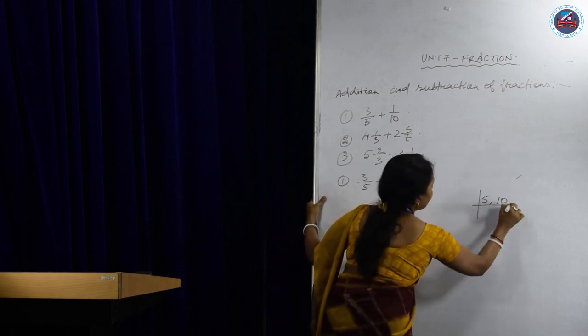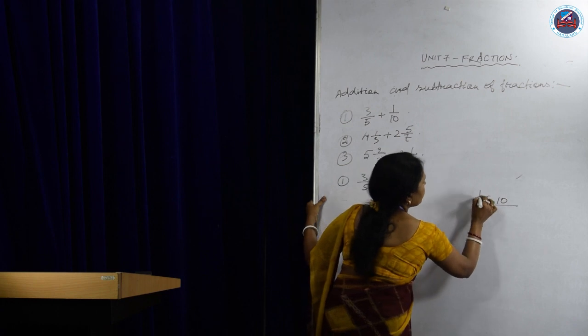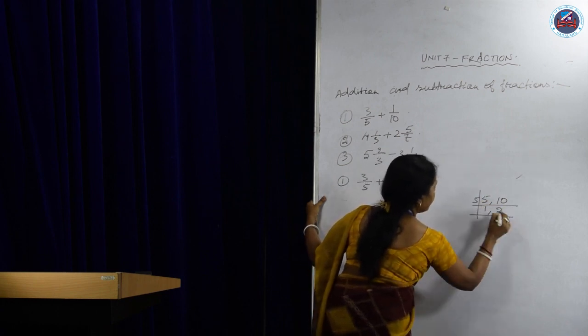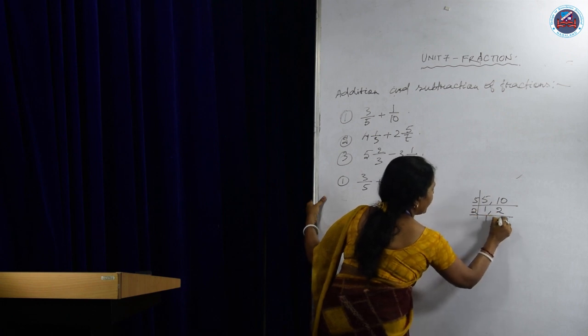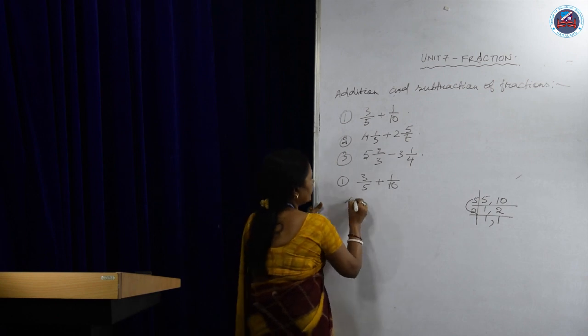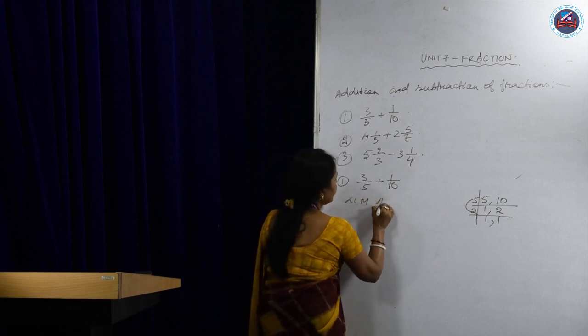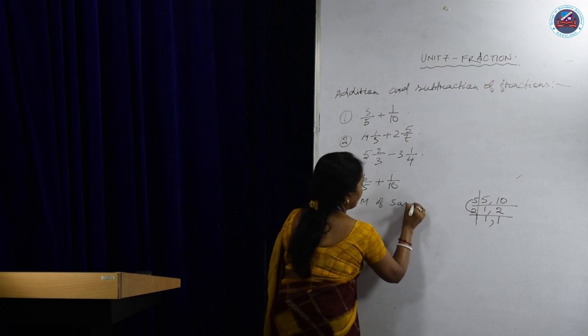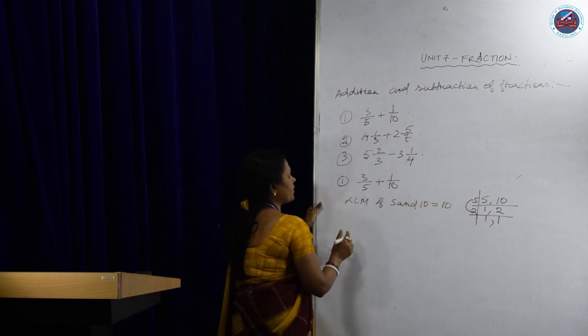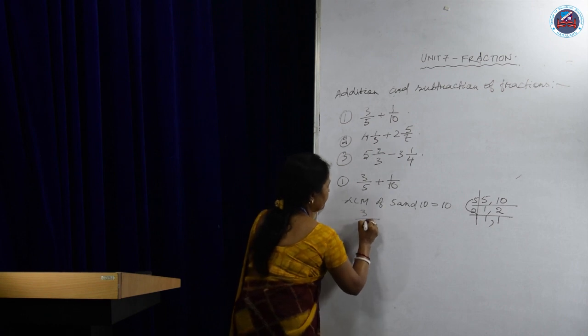Find the LCM with the same LCM method. It is divisible by 5. So 5 1s are 5, 5 2s are 10. Divide by 2, 1 and 1. So your LCM is 5 2s are 10. So the LCM of 5 and 10 is 10. Take down the first fraction, that is 3 by 5.